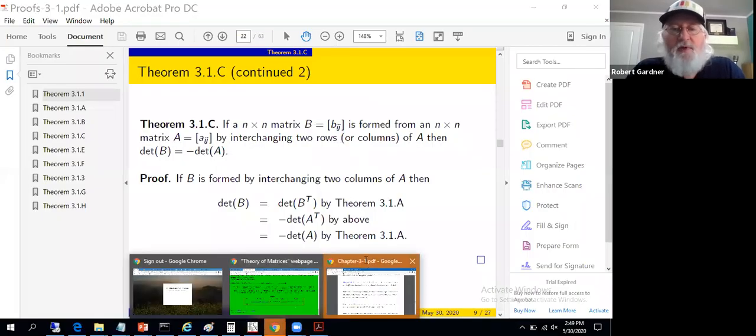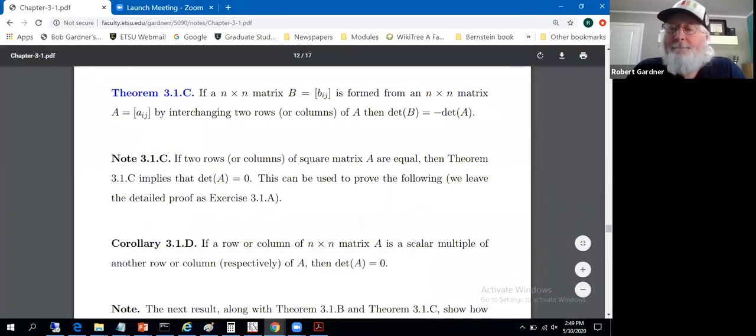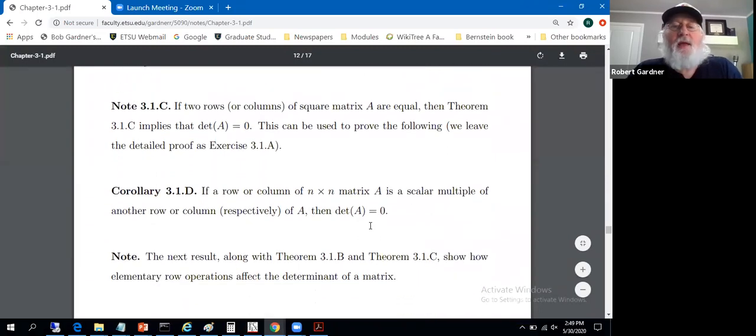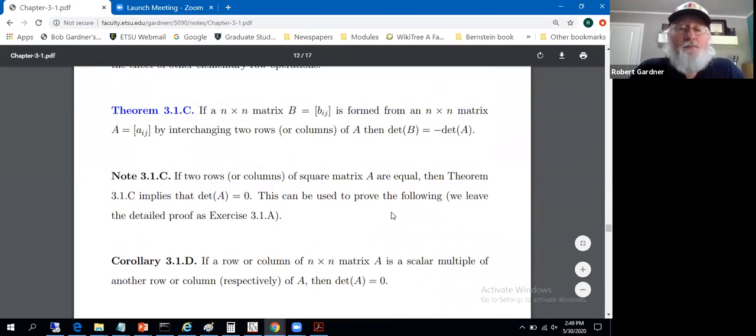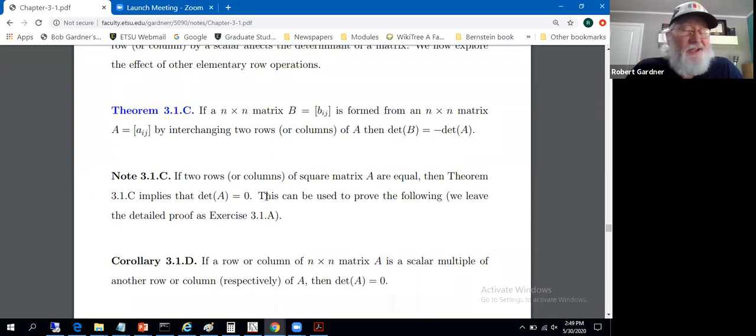Okay, we got some observations following that. If two rows or columns of a square matrix are equal, then the determinant must be 0. What's up with that? You're asked to give a proof in exercise 3.1.a. It's fairly easy. Take matrix A. If it's got two rows equal, say, interchange them. That doesn't change anything because they were the same, but it changes the determinant by a negative sign.